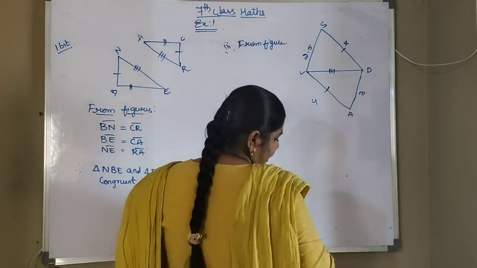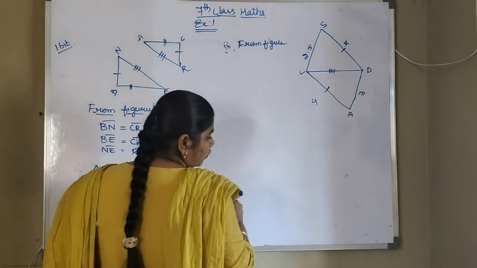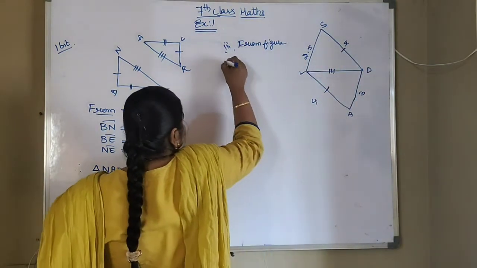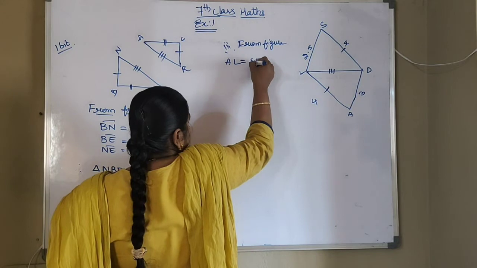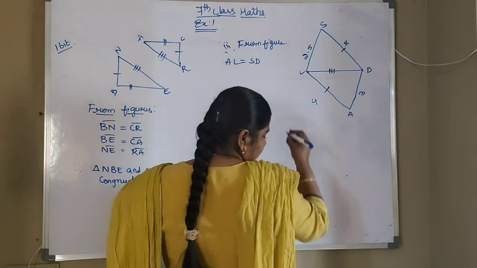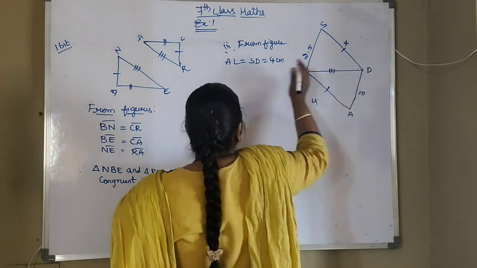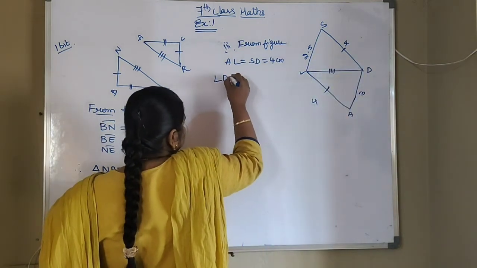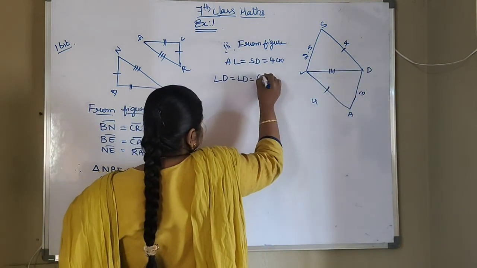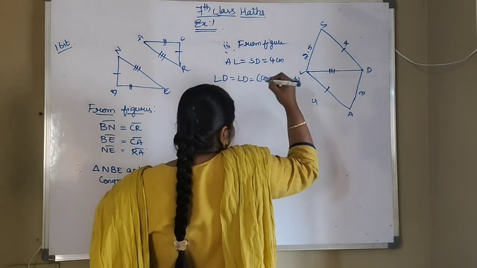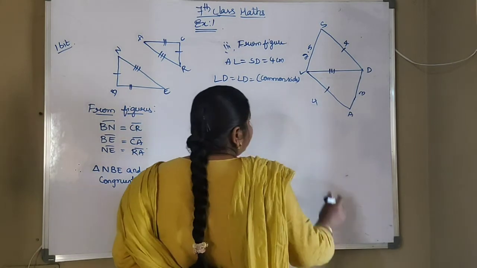So what we can write here? AL is equals to SD, that is 4 centimeters, and next LD is equals to LD, common side, but they have given AD.